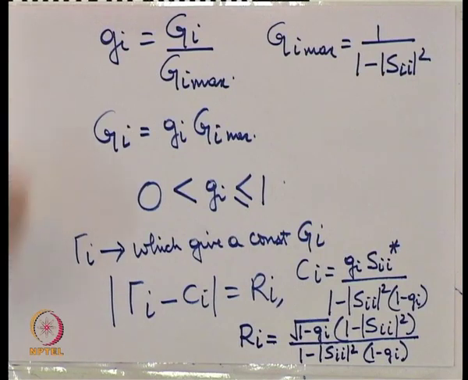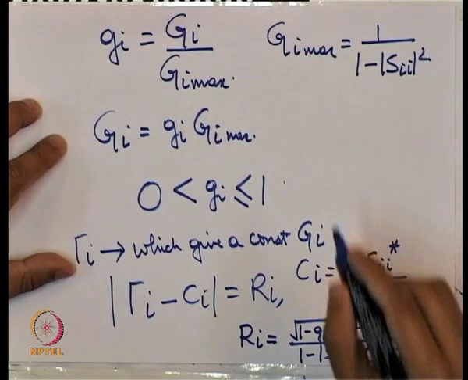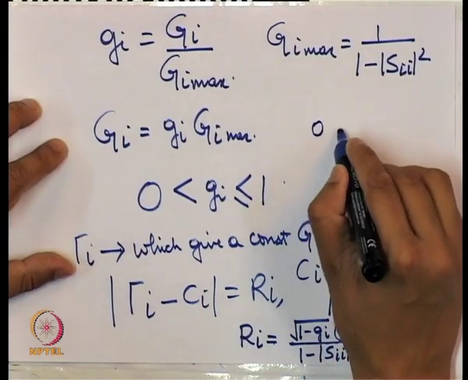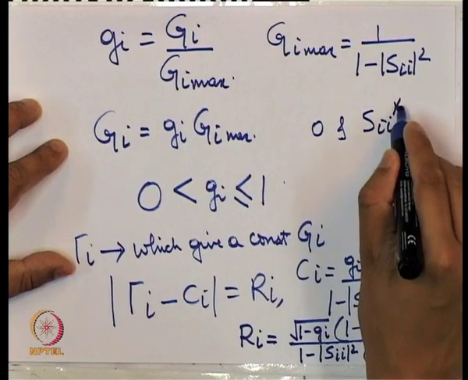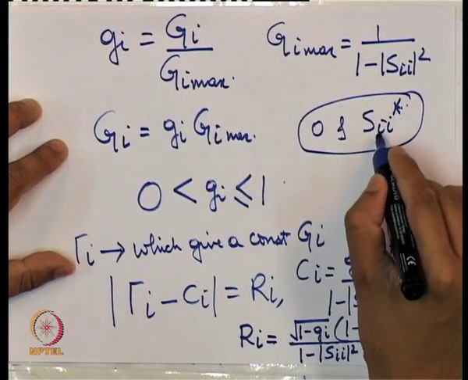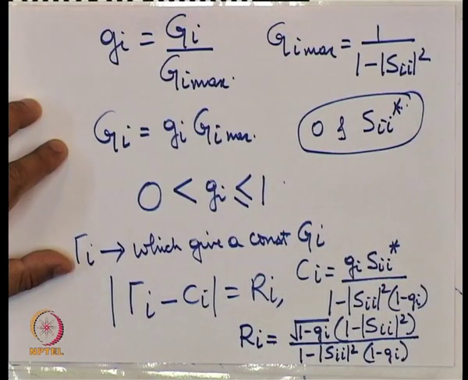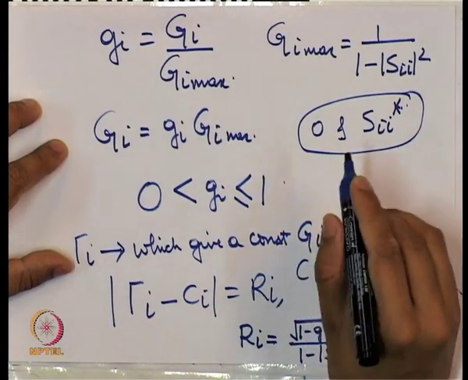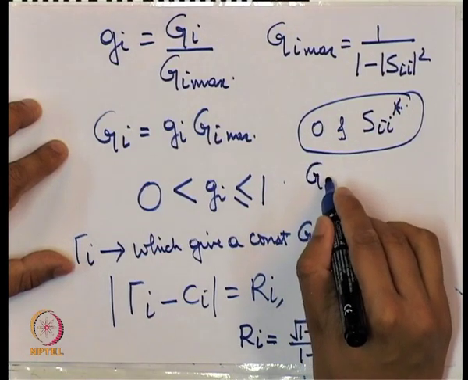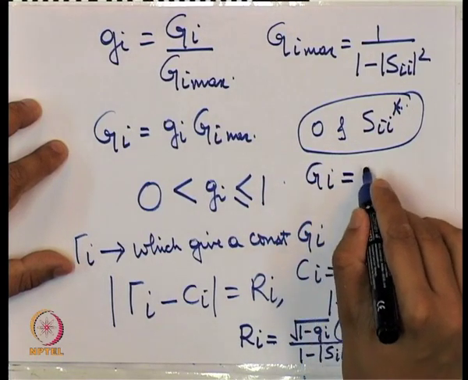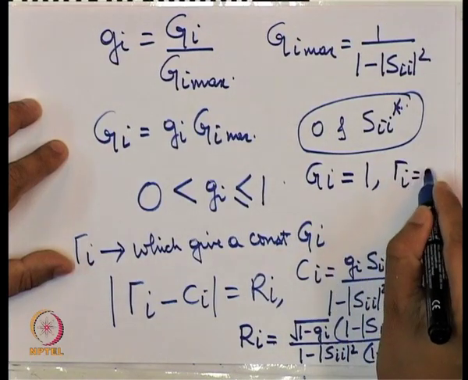Now, the center of all the circles for the various values of Gi are located between 0 and Sii star. So, if we draw a line between Sii conjugate and the center, then all the centers will lie on that line. The other observation we see is that small gi is equal to 1 for gamma I equal to 0.